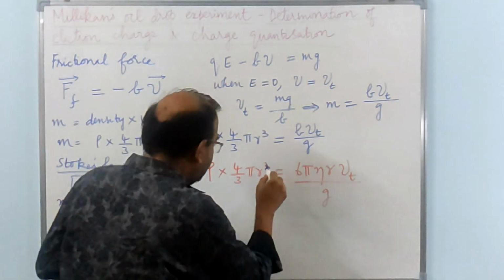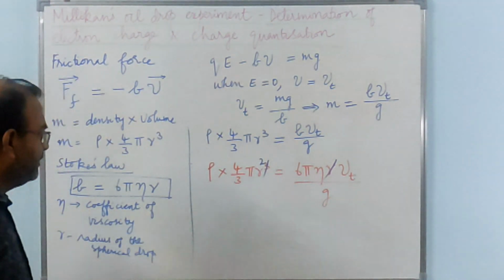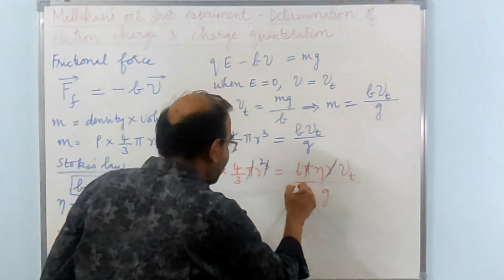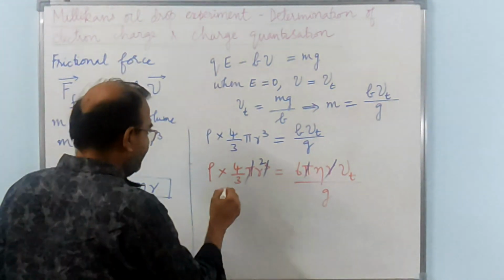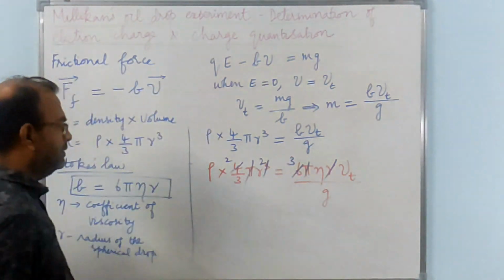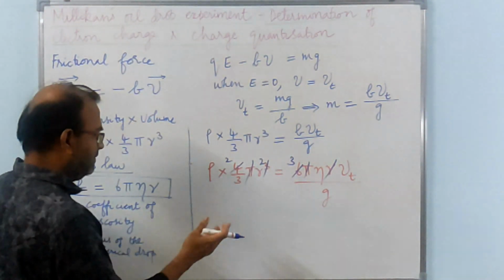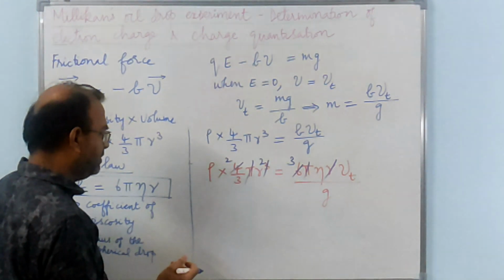Now here this r cube becomes r squared by cancelling out this r, and then the pi is the common factor here, and then this 4 can be written as 2, and here 6 can be written as 3 by dividing commonly by 2.